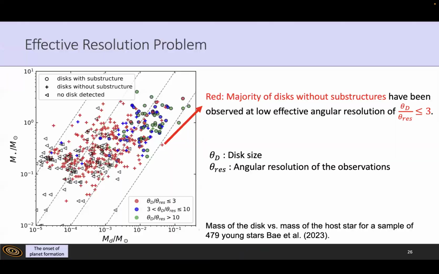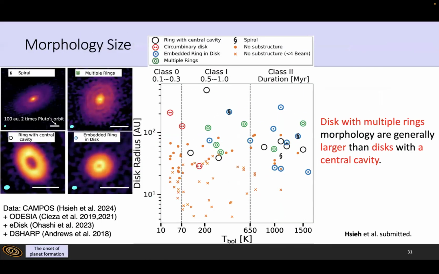If you look at the plot that I showed, for example, multiple rings, you see them in class 1, you see them in class 2. And rings with a large central cavity are also very spread out across different evolutionary stages. It's not really conclusive right now, but you can see that these are very spread out.